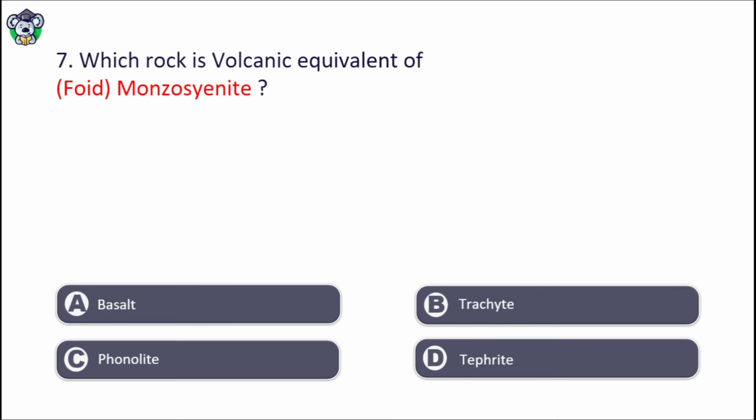Which rock is the volcanic equivalent of void-bearing monzosyenite? Basalt, trachyte, phonolite, tephrite. The right option is option C, that is phonolite. Basalt is the volcanic equivalent of gabbro. Similarly, trachyte is the volcanic equivalent of syenite.